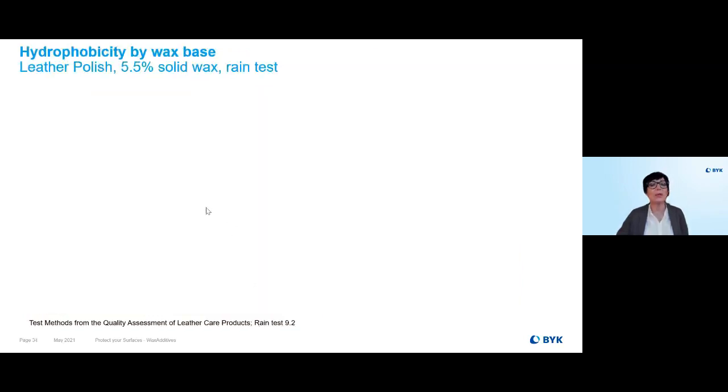Next to it, we do the so-called rain test. So here we pour 500 milliliters of water on the substrate and count the number of times we do this until the leather starts to absorb the water.